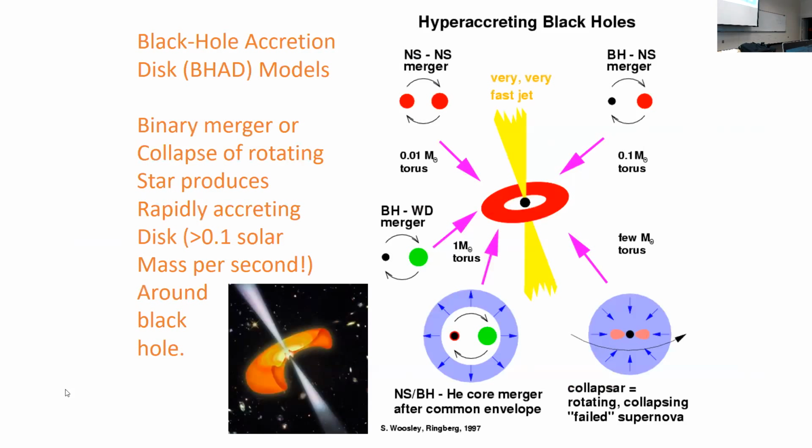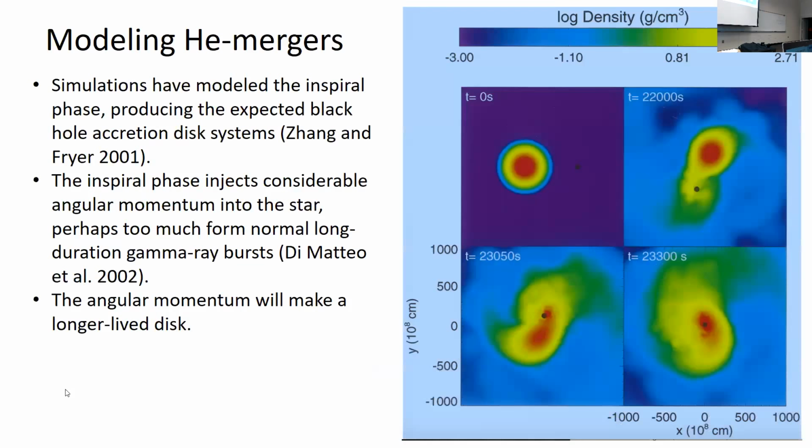We have done simulations of these helium mergers. We've taken a neutron star, let it spiral in all the way into its helium core, looked at the mass accretion, looked at the disk that it formed. Wei-Chen Zhang at Lawrence Berkeley National Lab did some calculations of this at the beginning of his thesis. We actually get nice disks. The problem is, and Di Matteo was the first to point this out, the angular momentum may be too high. When you spiral in, you spin up the star, and now I have this really diffuse disk.